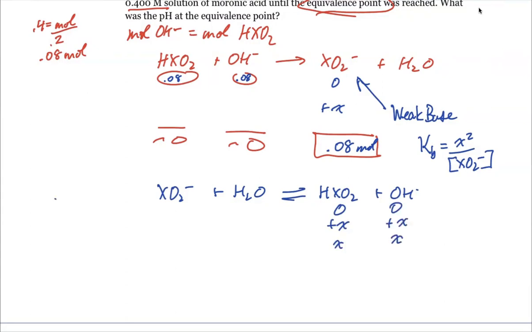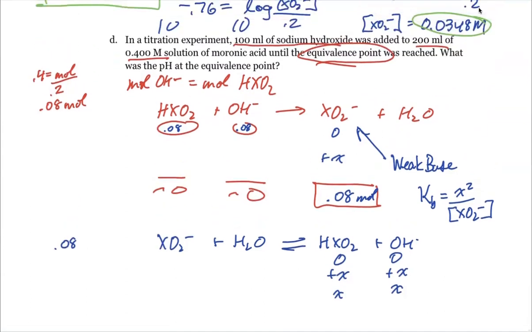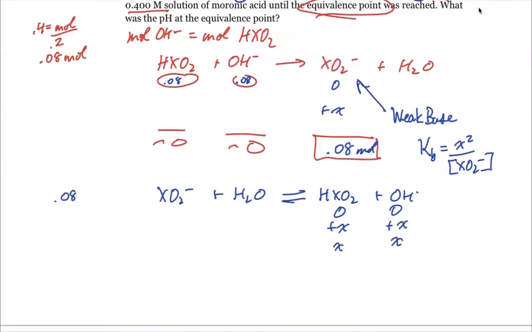All right, I have 0.08 moles. My total volume, 200 milliliters plus 100 milliliters, adds up to 300 milliliters. 0.08 divided by 0.3 gives me 0.267 molar.